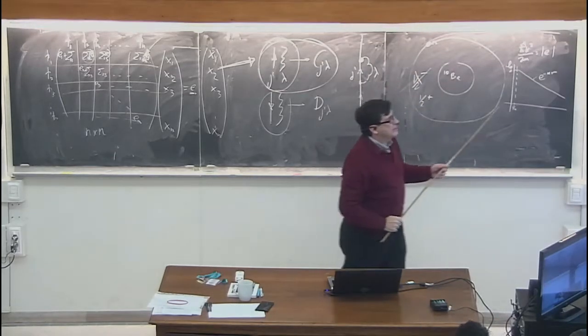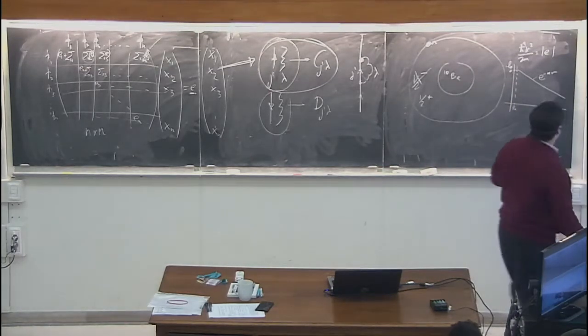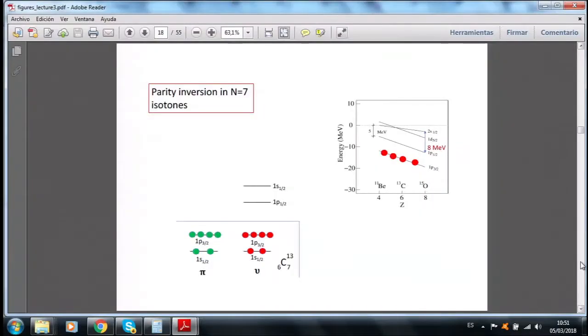And on the contrary, the first excited state of beryllium-11, instead of being the 1/2 plus, is the 1/2 minus. In this sense, it is called the parity inversion.